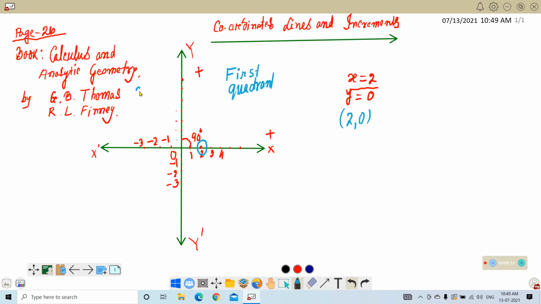This is the second quadrant. This is the third quadrant. And this is the fourth quadrant.